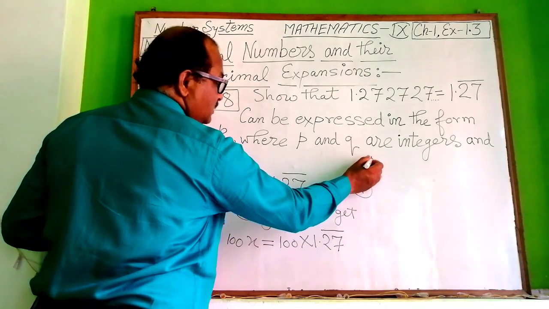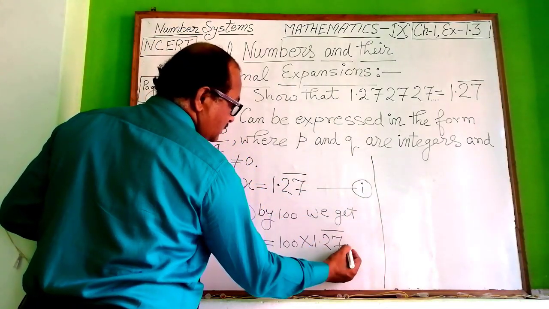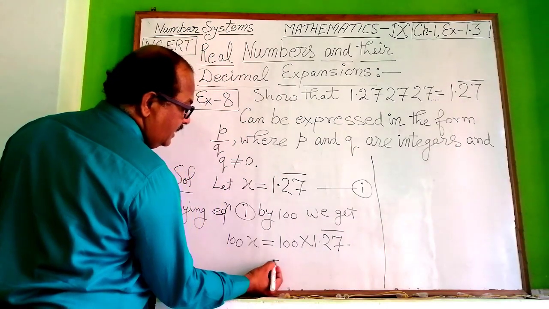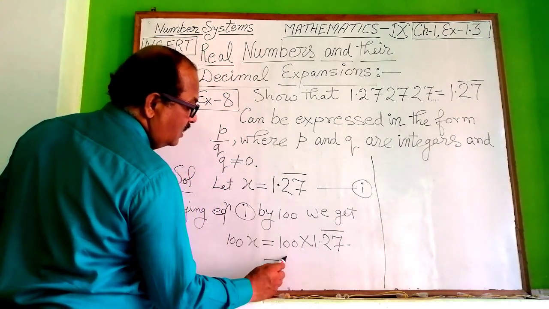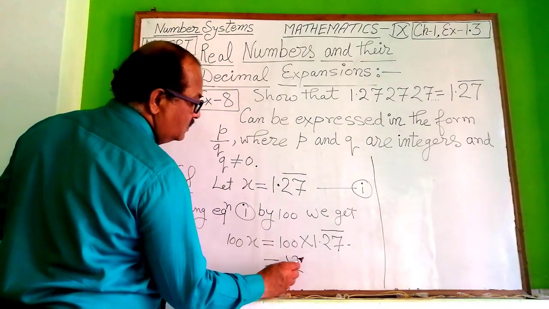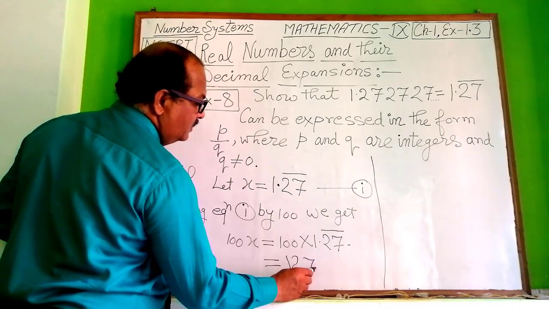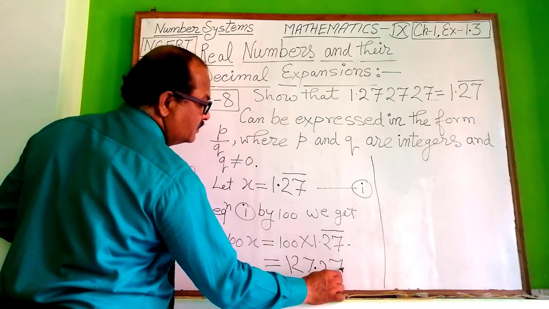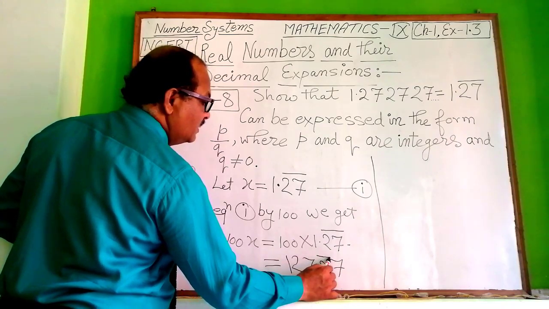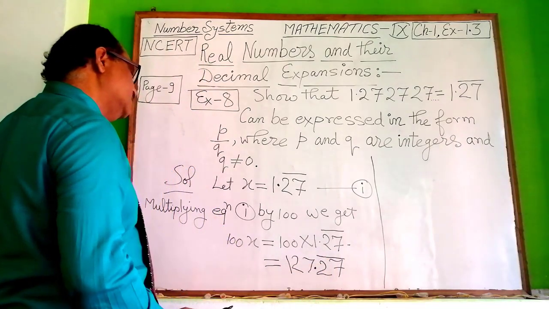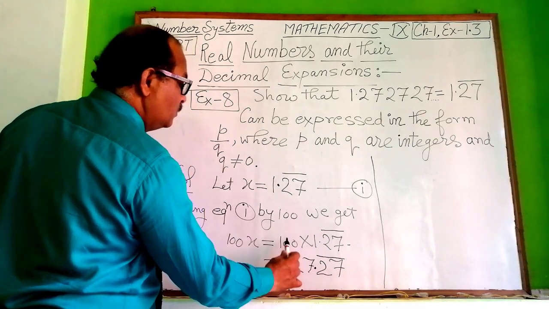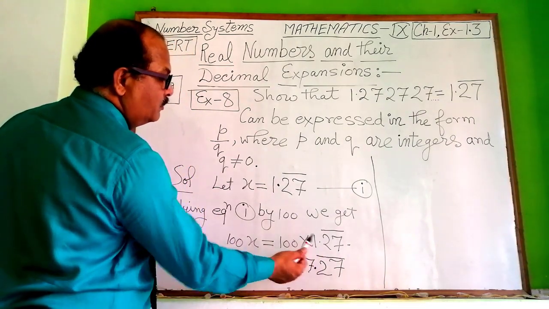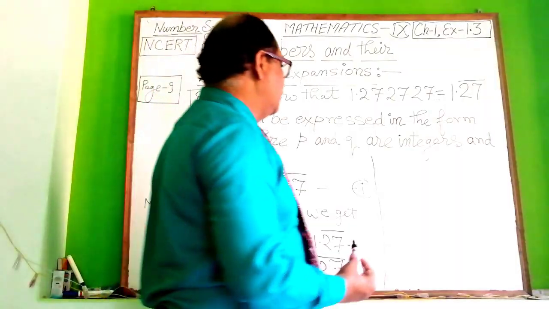See the next part. You can rewrite it as 127.27, and these 27 again repeating. So this is the product of 100 and 1.27 repeating.